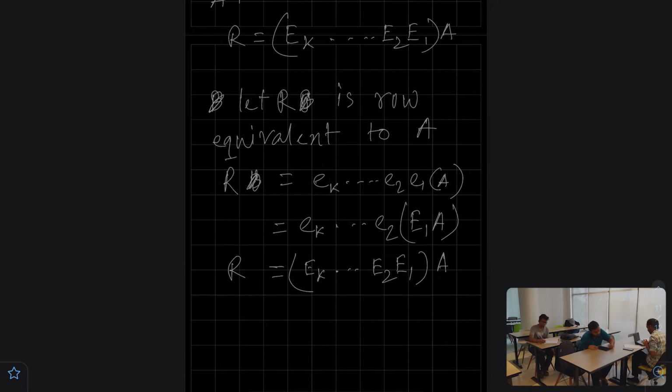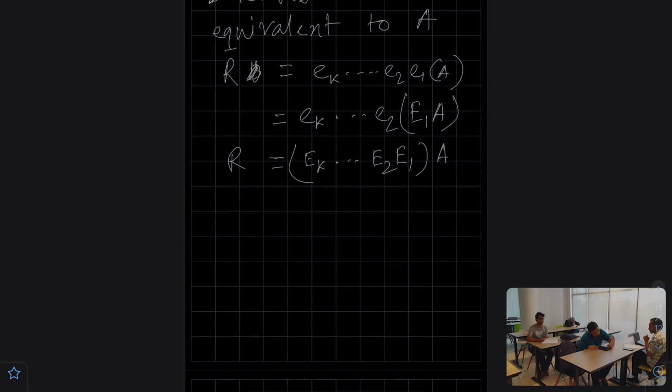So just consider this to be R. Okay. Now R equals this, and in a previous theorem, I proved that every elementary matrix is invertible, right? Then what I can do is multiply from the left by the elementary matrix EK inverse.